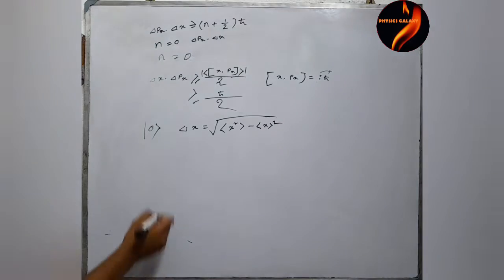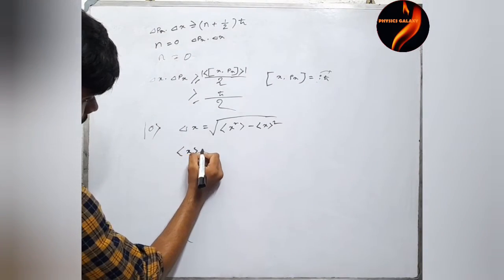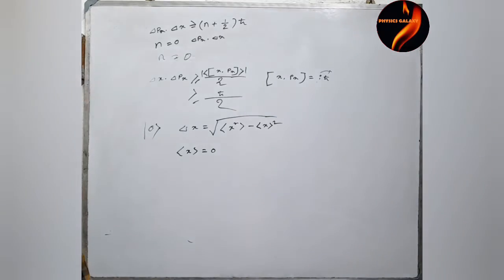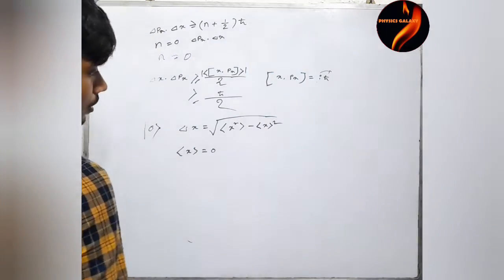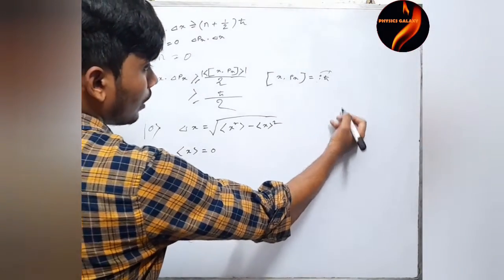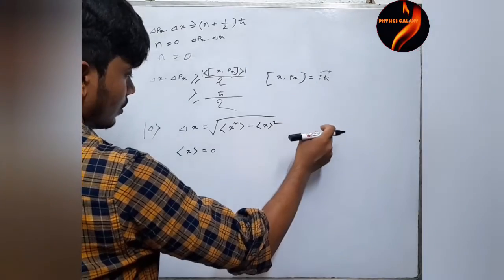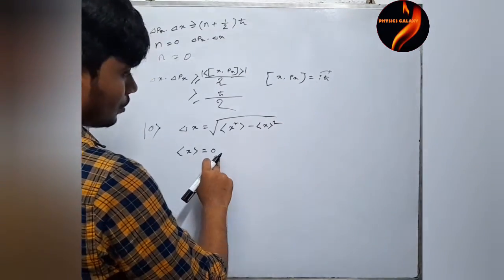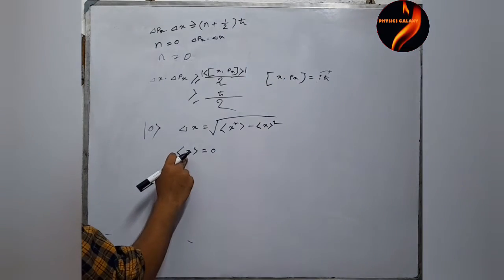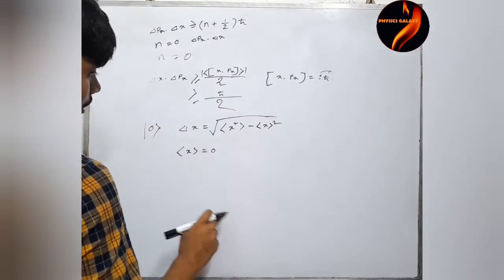We know that for the simple harmonic oscillator, the expectation value of x is always 0, because if we look at the wave functions of the simple harmonic oscillator, the wave function should be even or odd, symmetric or antisymmetric about the origin, meaning x equals 0. So the expectation value of x would be 0 for the simple harmonic oscillator.